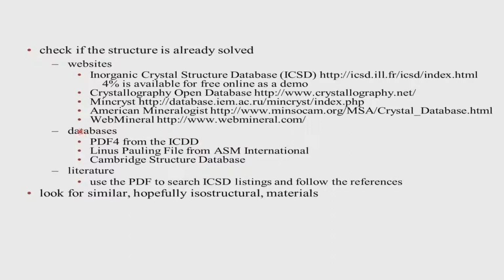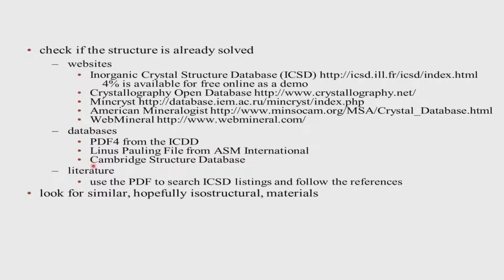The best is to of course access ICDD, because that is the one which has all the possible data collected so far on the surface of the earth. In fact, they have some data sets collected in space as well on some powder data. So they have everything in store, and it is easy to access the ICDD database.